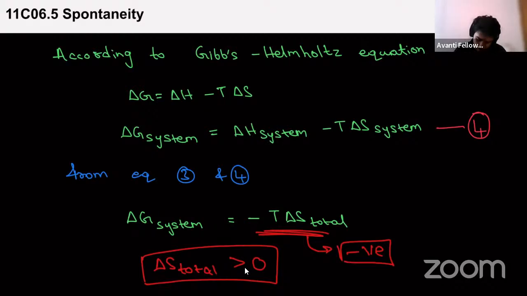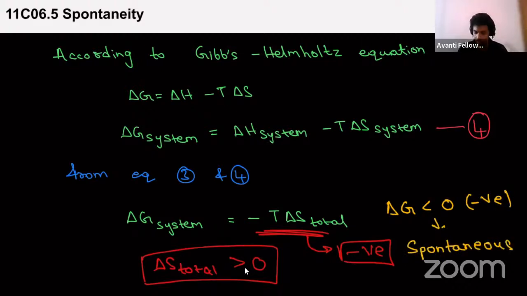If T delta S is positive, minus T delta S will be negative, and delta G will always be less than zero, that is negative. If this is the situation, the reaction will be spontaneous. Okay, this is what we learn here for today.